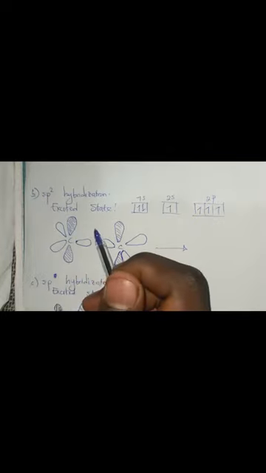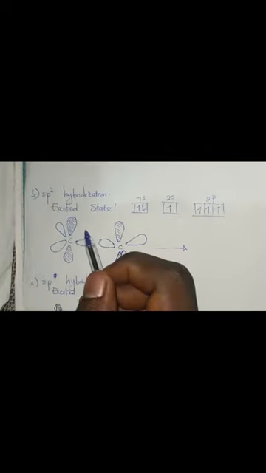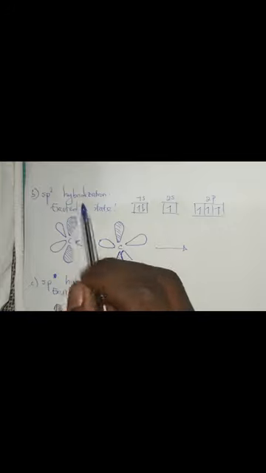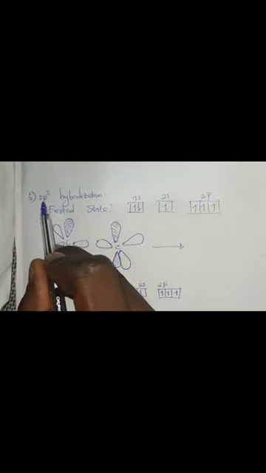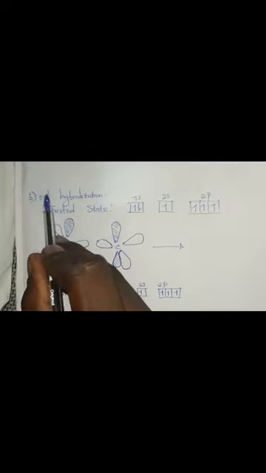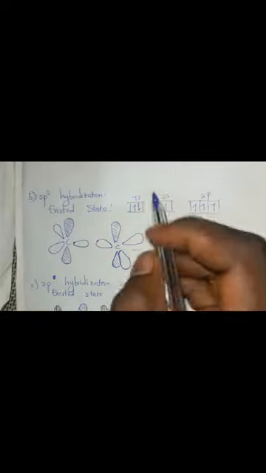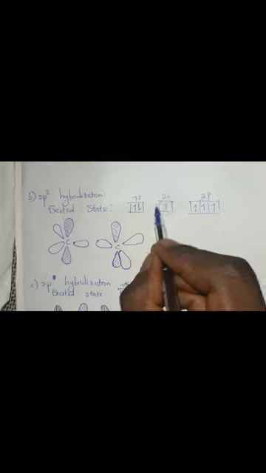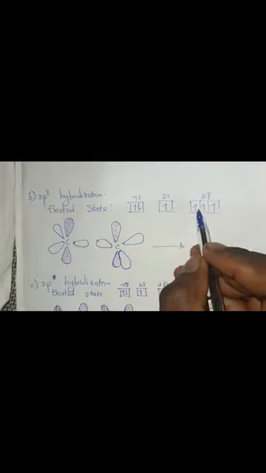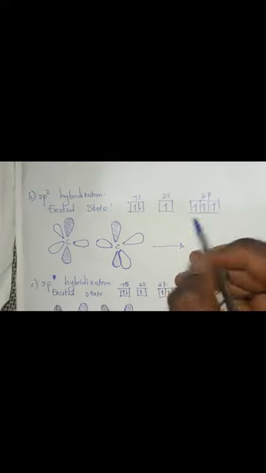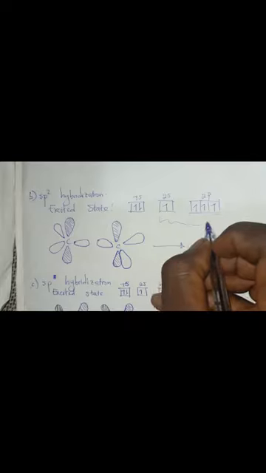Moving to sp2 hybridization, it is similar. So we count the number of orbitals needed for this hybridization. We have 1s, 2p. So just the s and 2 of the p orbitals are going to be used for bonding. So we have just these 3.